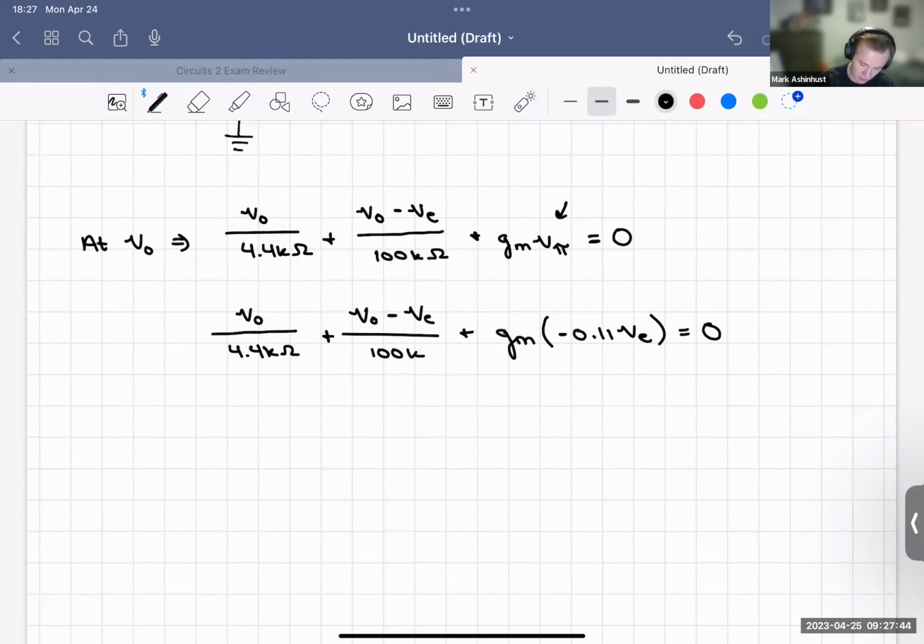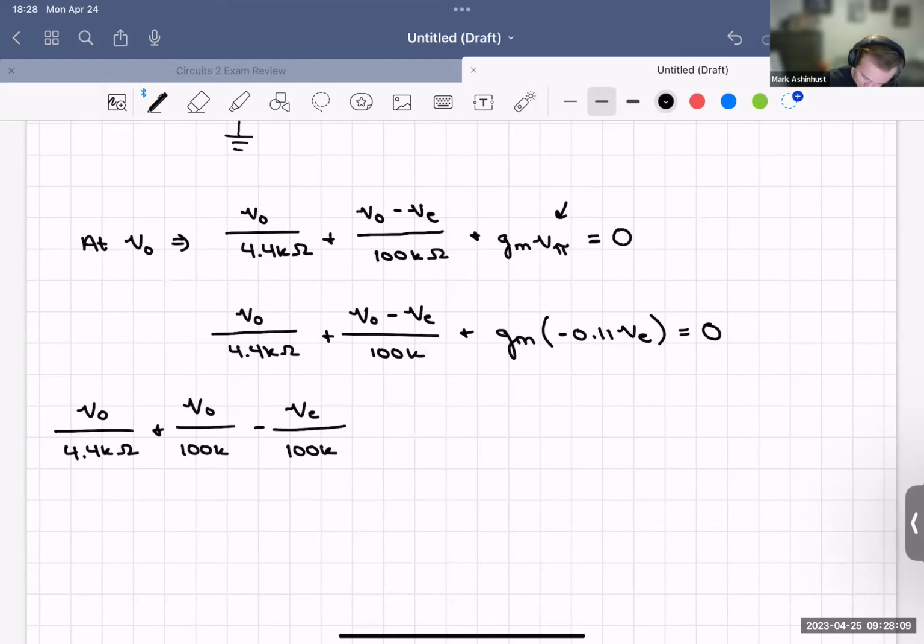I'll work through the algebra on this. Stop me if you have any questions on it. Sometimes algebra is the hardest thing with this stuff. I begin by, I want to change this. I would split this fraction, so I'd have V out over 100K minus VE over 100K.